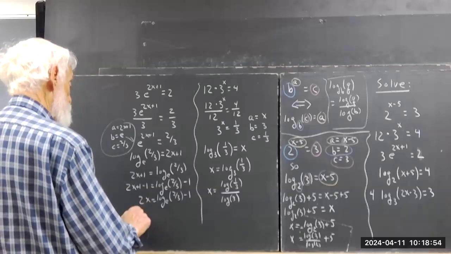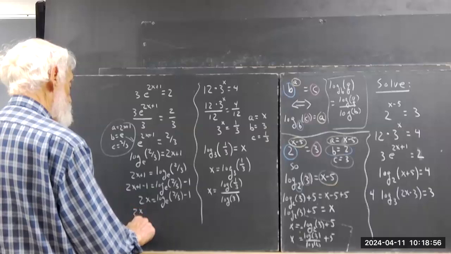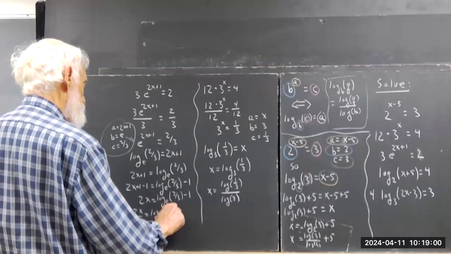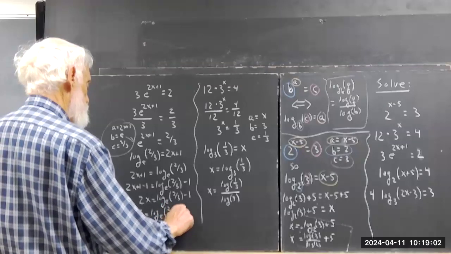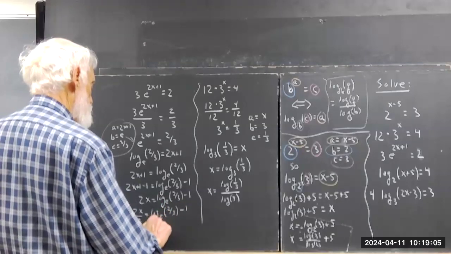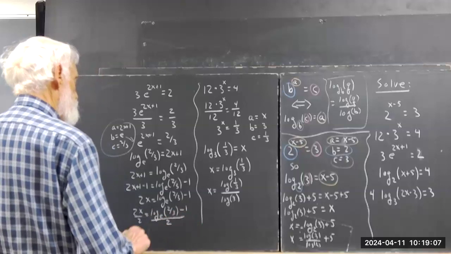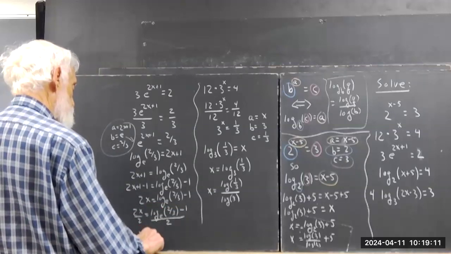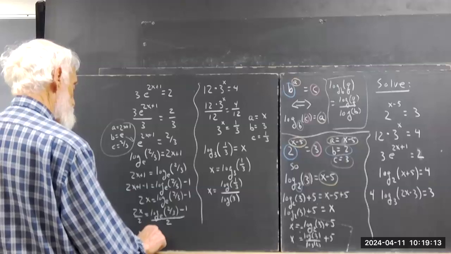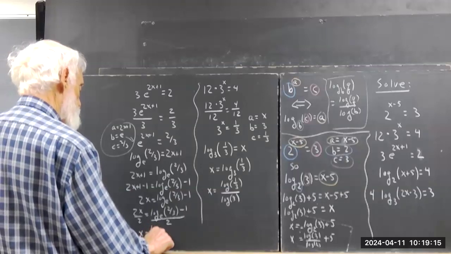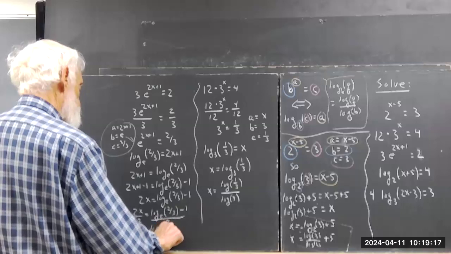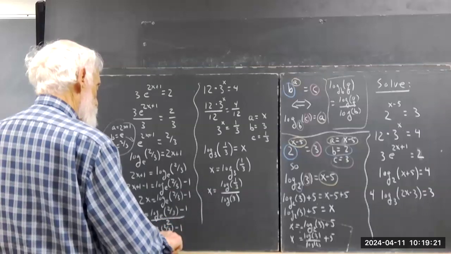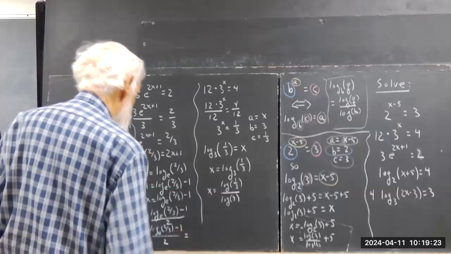So we divide both sides by 2. So we have x equals log base e of 2/3 minus 1, all divided by 2.